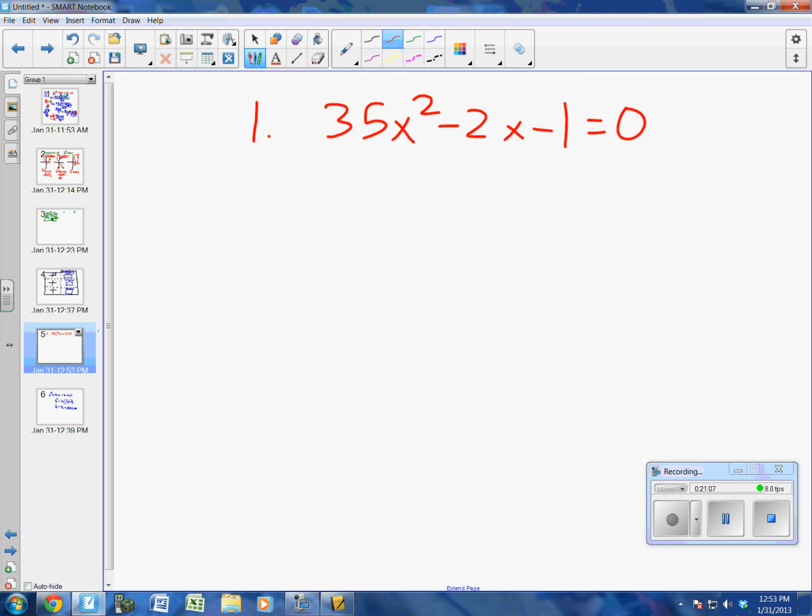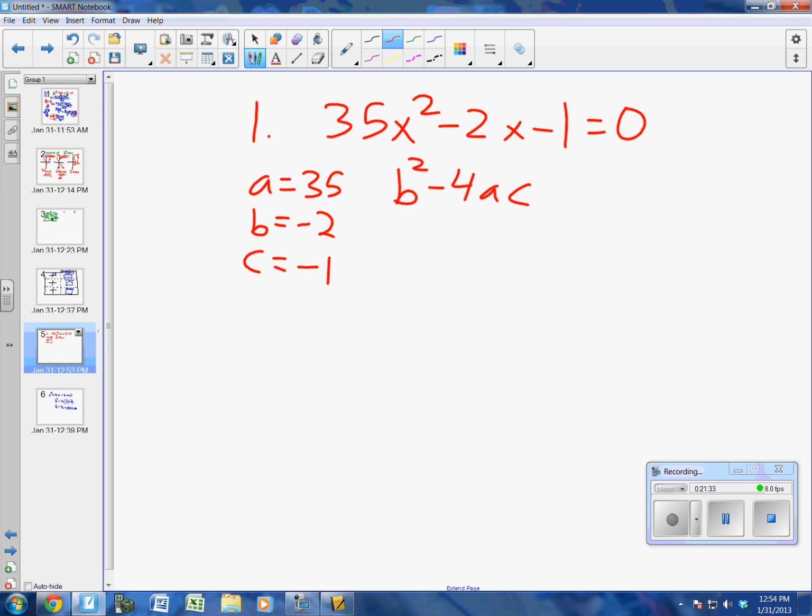It says find the discriminant of each quadratic equation and describe the type of roots. Okay, so all I have to do is find the discriminant. So I need to know what a, b, and c are. I would like you to show your work.